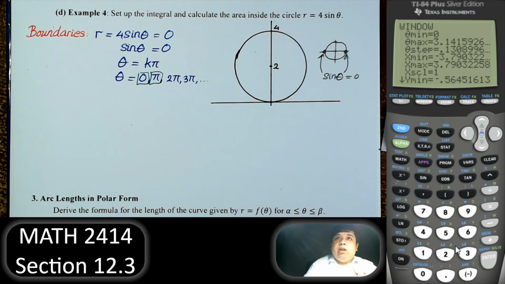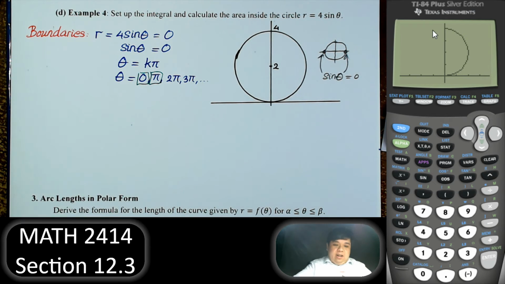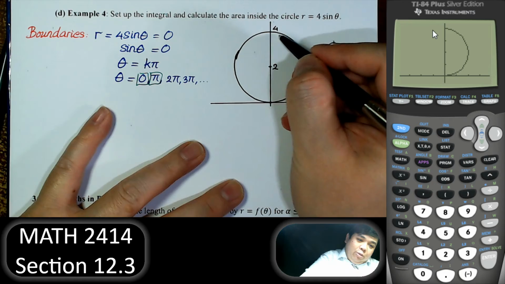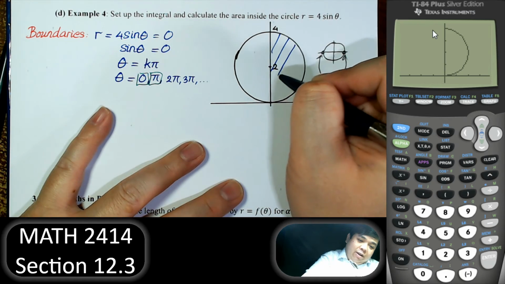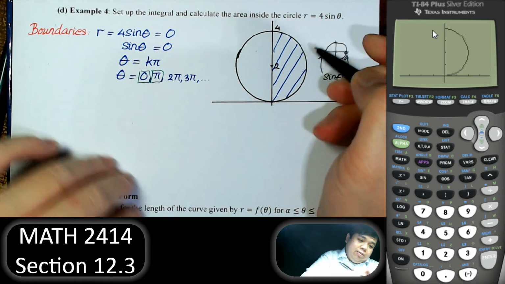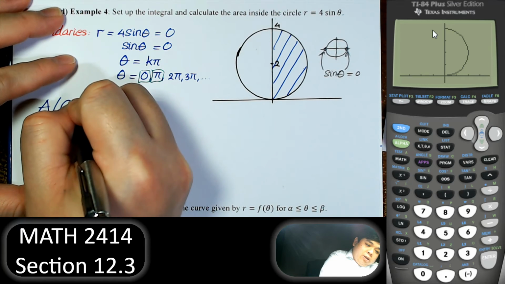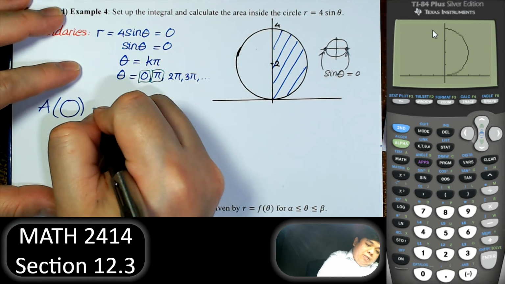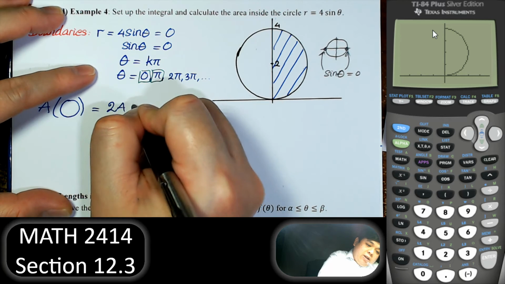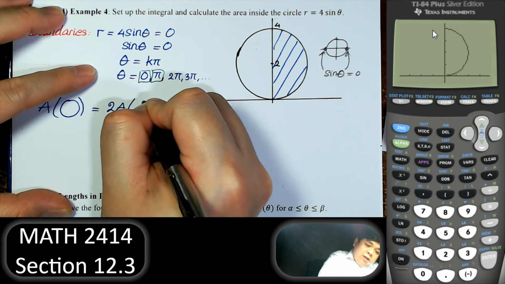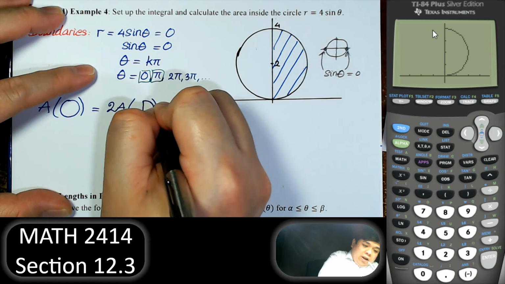Because this is symmetry, right? We have the half. So if we want to set up the area, the area of the whole disk is equal to 2 times the area of the half.